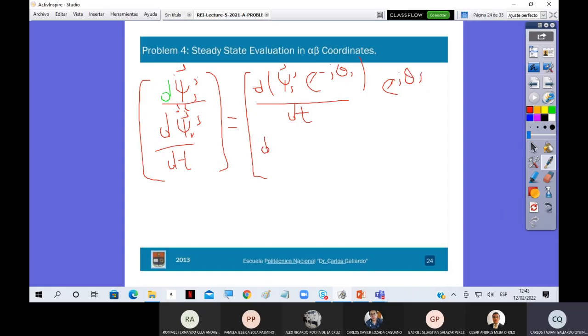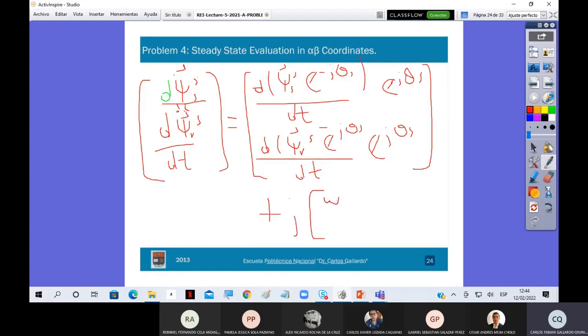The second term, I will have the derivative of the rotor flux space vector, I will have e to the power of j theta s, plus j, I will have here the speed times the stator flux space vector, and here the rotor flux space vector.